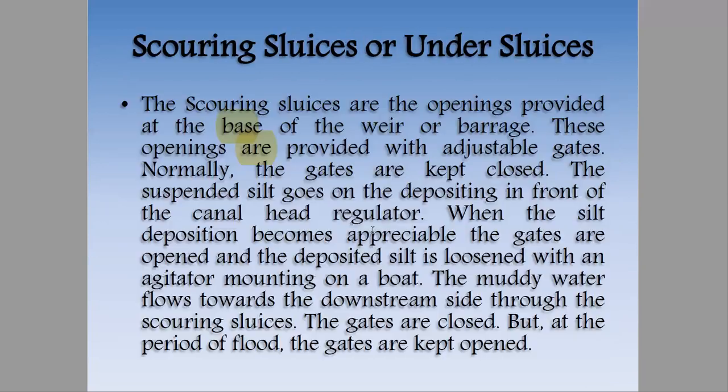So here also, what will it do? It will allow us to scour off the suspended particles that had settled. Okay, the suspended silt particles that are settled at the base. Now they will get scoured off, and then it could work efficiently. Okay, the storage can work efficiently.